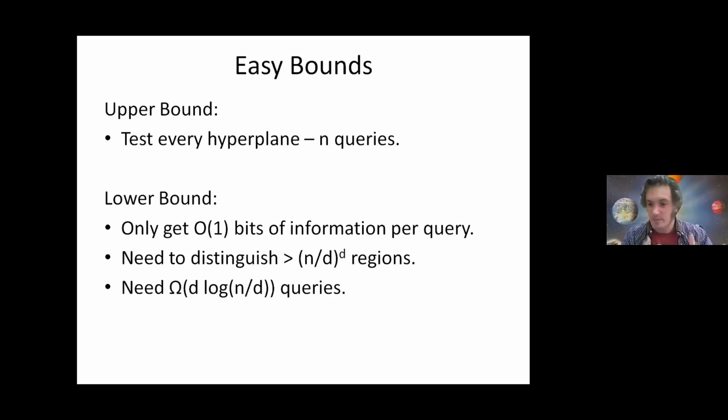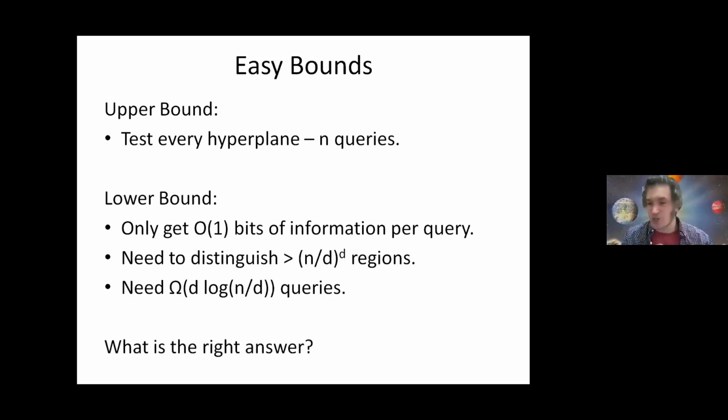It's not hard to show that even for generic configurations, the number of possible answers is more than (n/d)^d. So from information theory, since the answers to your queries need to encode one of these regions, your algorithm needs to take Omega of the log of this, so d times log(n/d) queries.